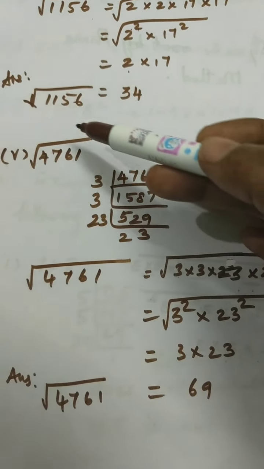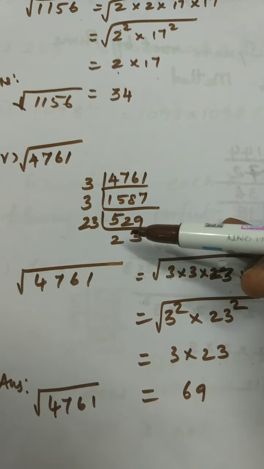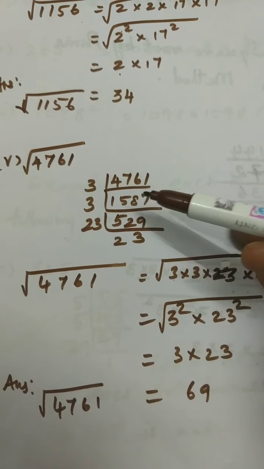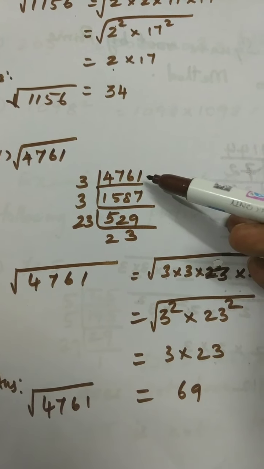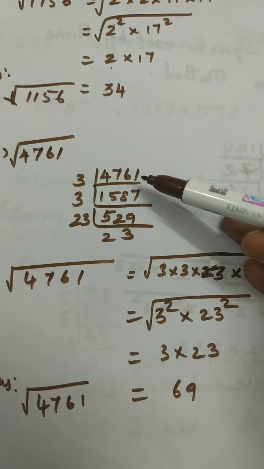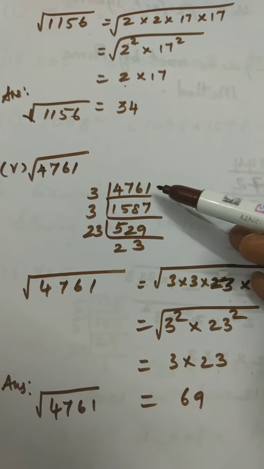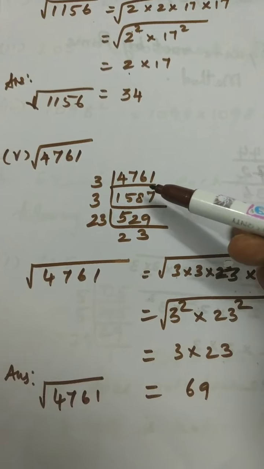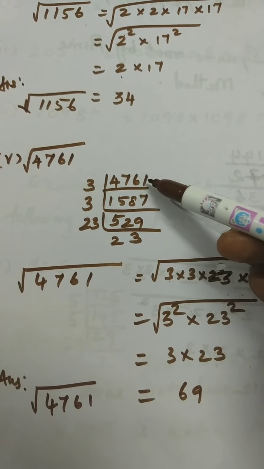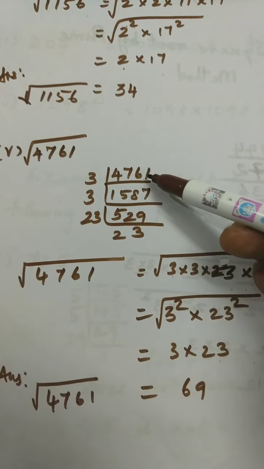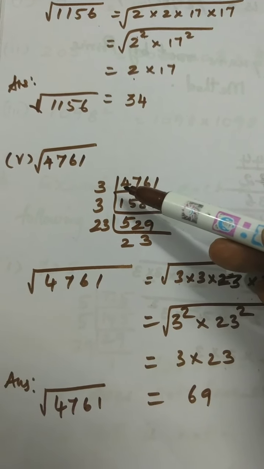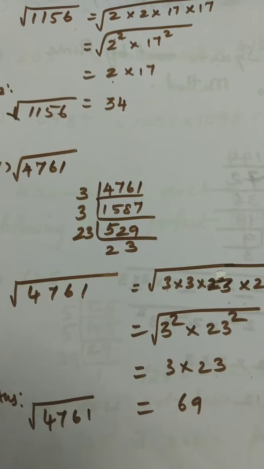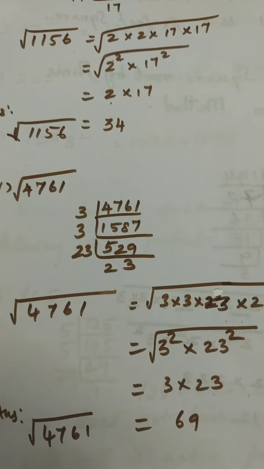Okay. You have to do this by prime factorization method. Now here it is ending with 1. If it is an even number you can divide by 2. But here it is 1, so it is not an even number. So is it divisible by 3 or not? For that you have to add all the digits. 6 plus 1, 7. 7 plus 7, 14. 14 plus 4, 18. 18 is in 3 table.